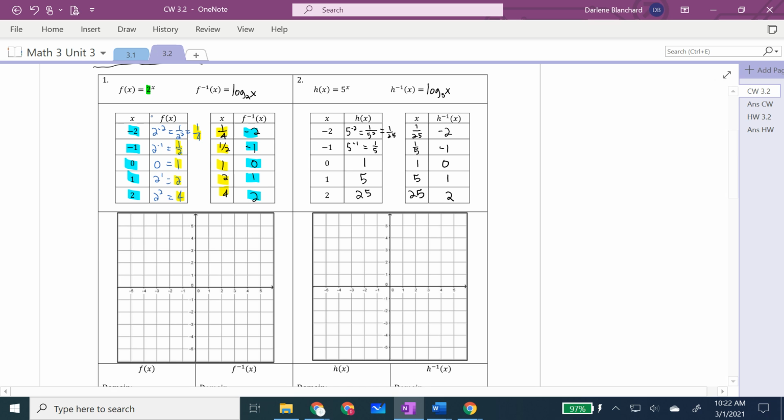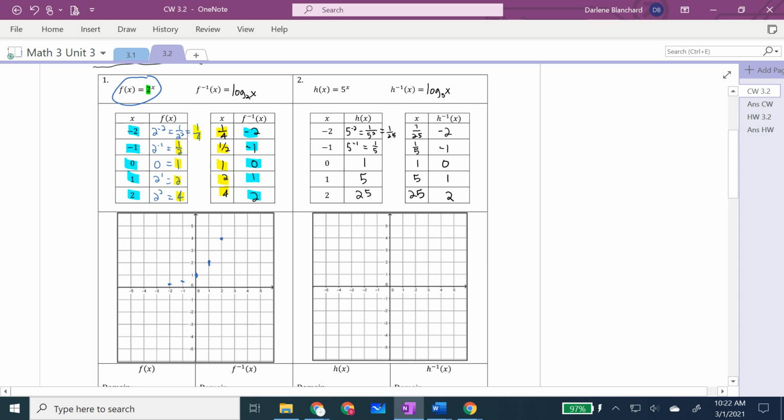I am going to plot the points for 2 to the x in blue. So I have the point negative 2, 1/4, say, about here. And then negative 1, 1/2, 0, 1, 1, 2, and 2, 4.